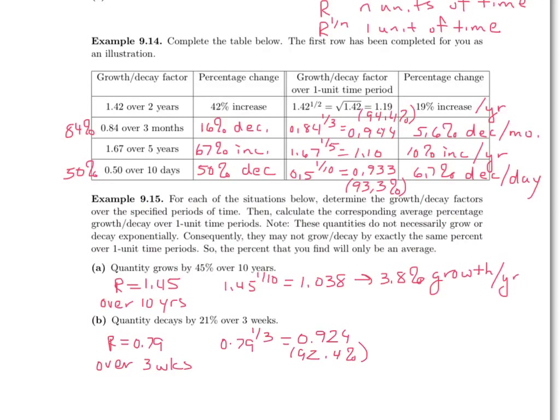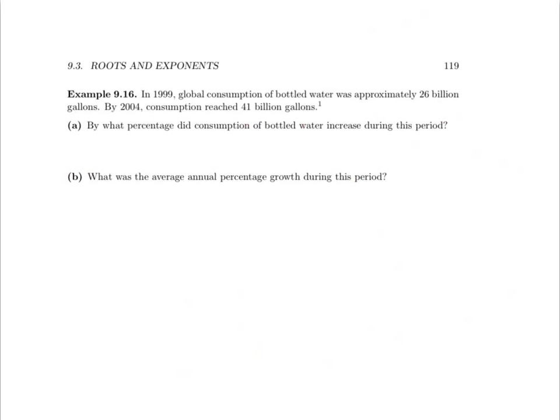That's the percentage remaining. So the decrease, the amount lost, was approximately 7.6%. So we're talking about a 7.6% decrease per week. So in other words, if a quantity decays by 21% over a 3-week period, that corresponds to an average decrease of 7.6% each week.